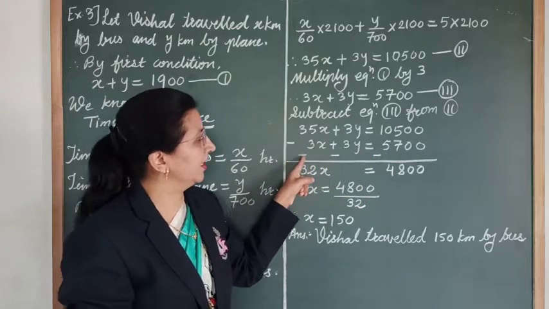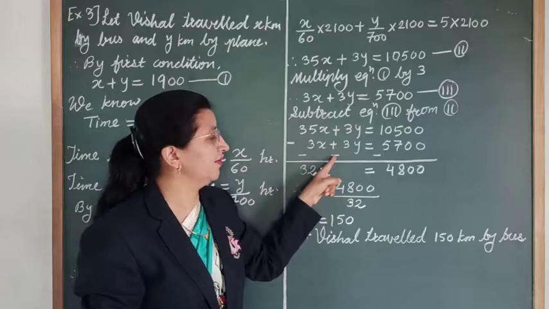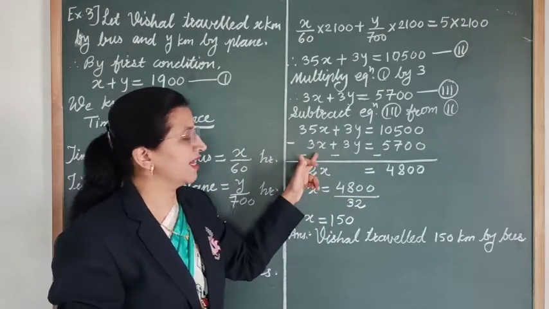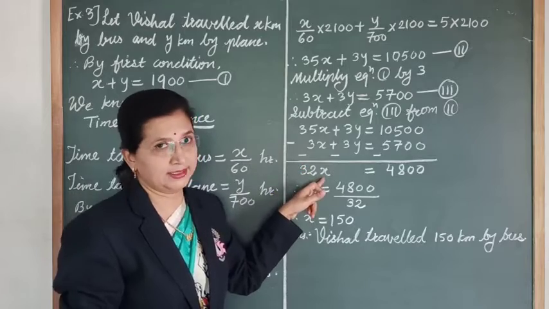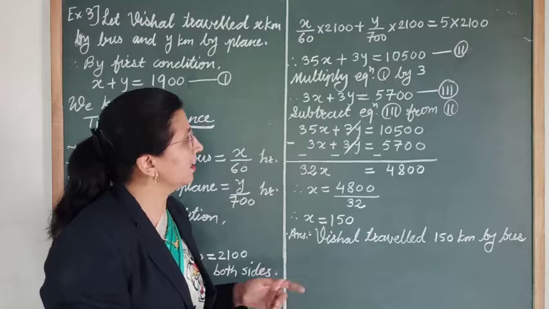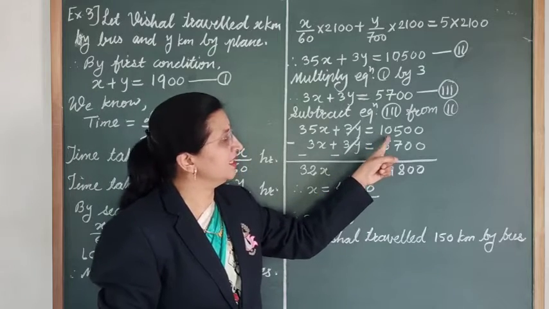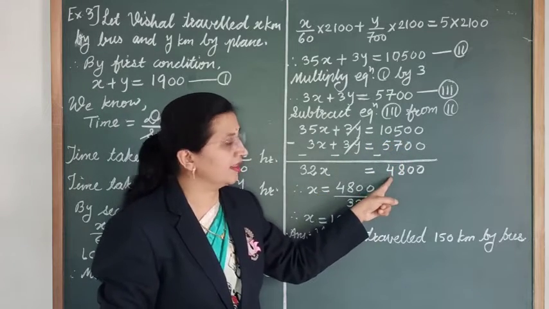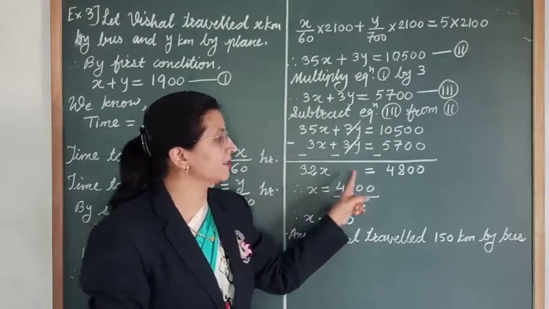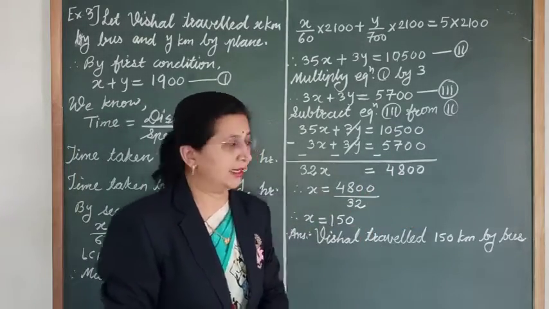Now 35x minus 3x, that is 32x, and the positive 3y and negative 3y will get cancelled. Now from 10,500, if we subtract 5,700, we will get the answer 4,800. So here we got 32x is equal to 4,800.